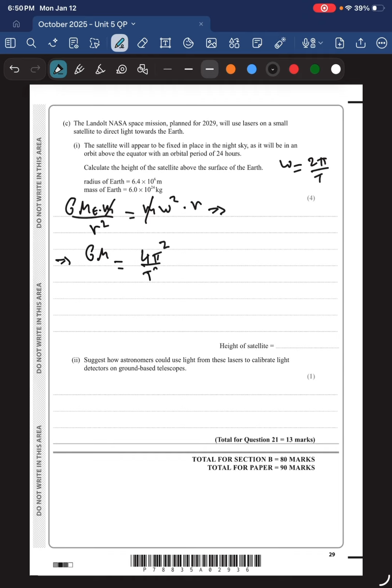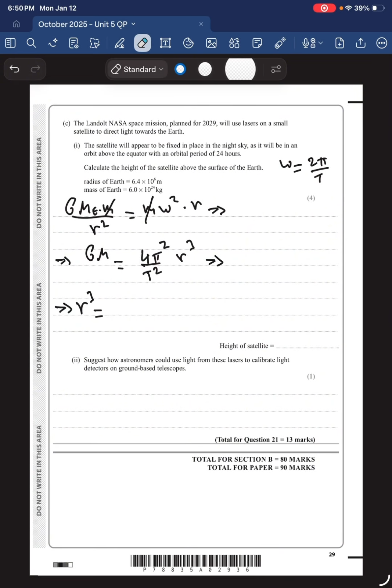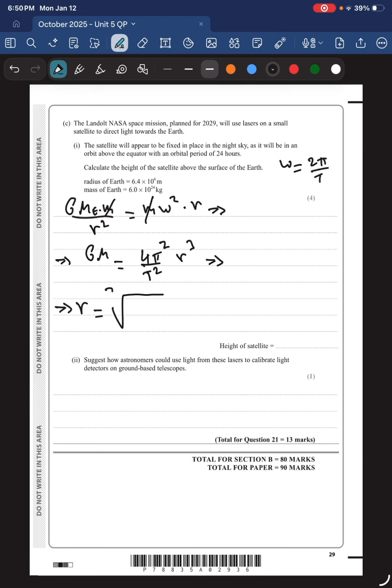So if we take the square, this is 4 pi squared over T squared times r cubed. Sorry, actually just r. So r is the cube root of G times the mass of the Earth times T squared over 4 pi squared, and I will need to move to the clean page.